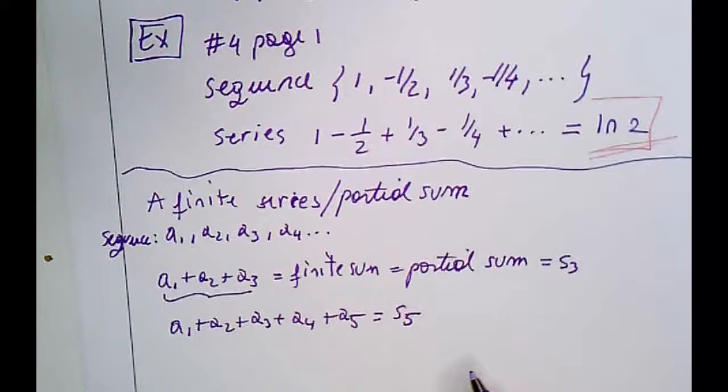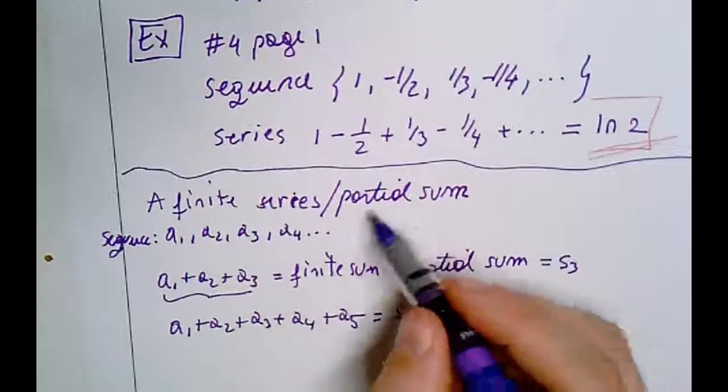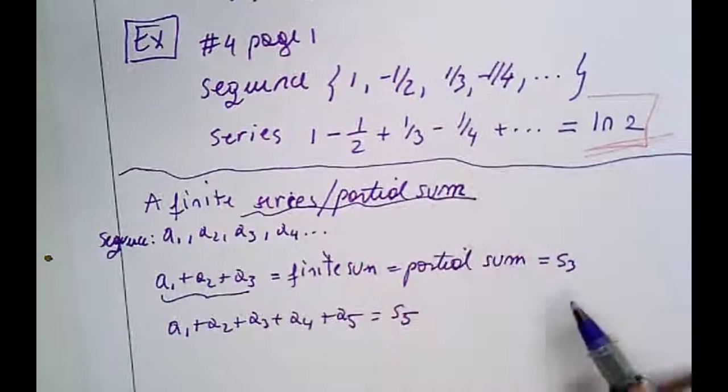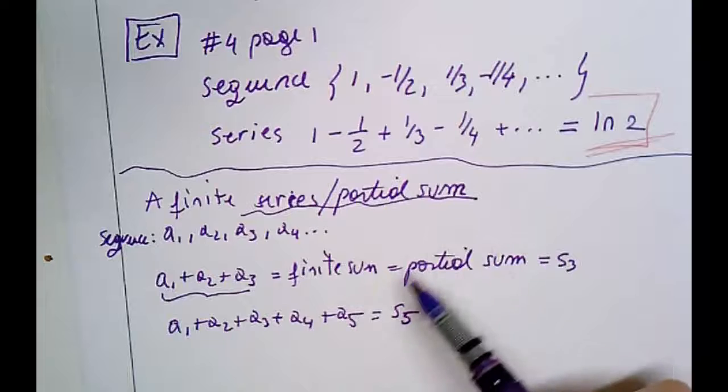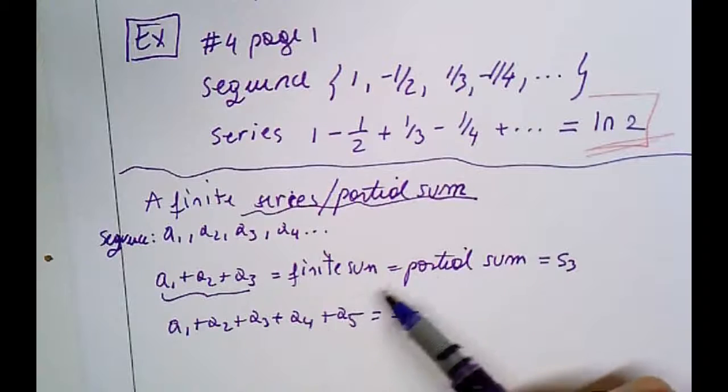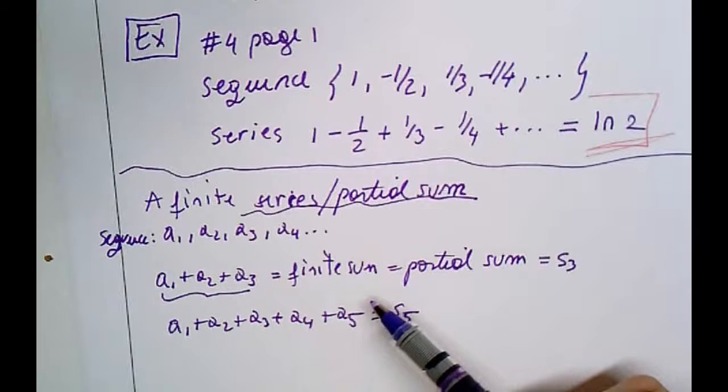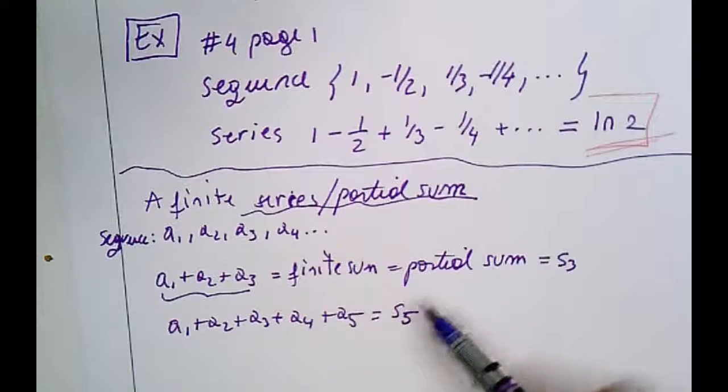So you're going to use this for Calc 2 when you learn about series. These are called the partial sums of the series, and they're going to become important there.